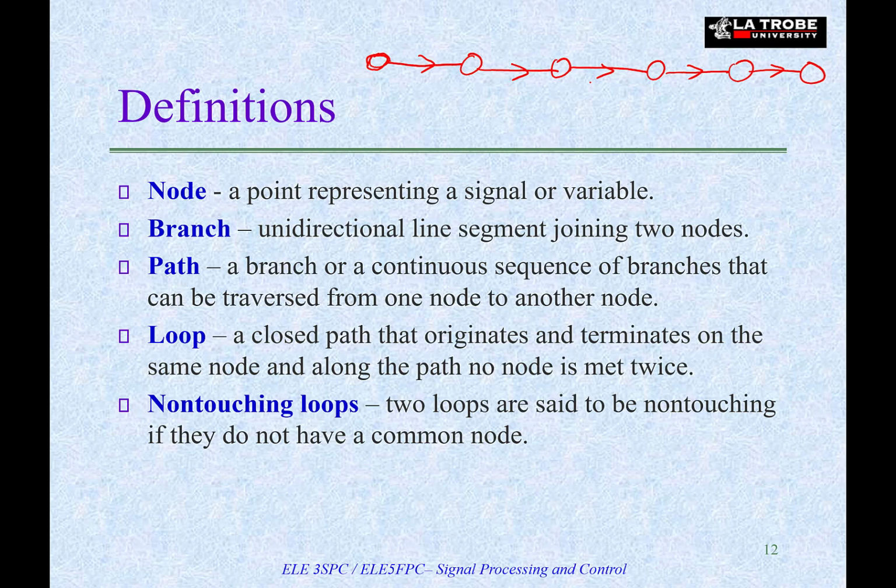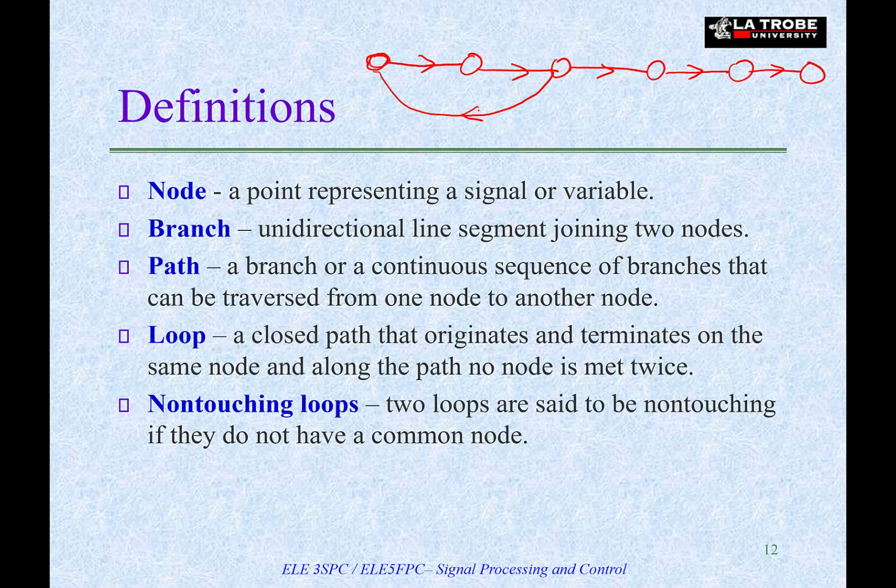As the name suggests, a loop is a closed path which originates and terminates on the same node. And along the path, no node should be met twice. So now I can draw you a loop. So this is a loop.